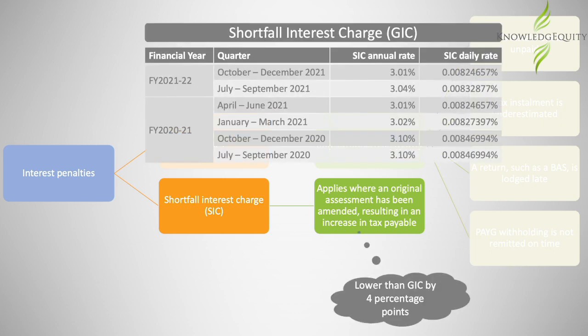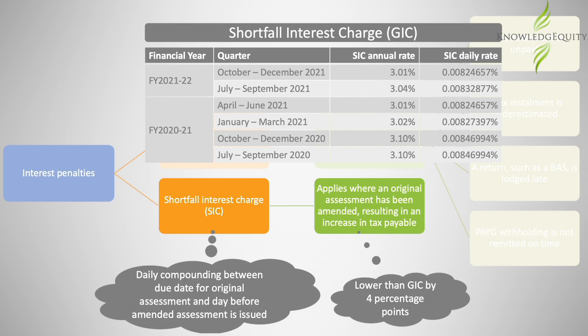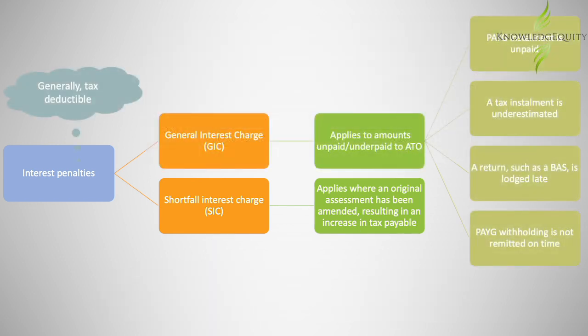The rate for the SIC is lower than the GIC rate by 4 percentage points. Like the GIC, the SIC is applied on a daily compounding basis. It will be calculated according to the number of days between the due date of the original assessment and the day before the amended assessment is issued. Note that both the GIC and the SIC are generally tax deductible for the taxpayer.